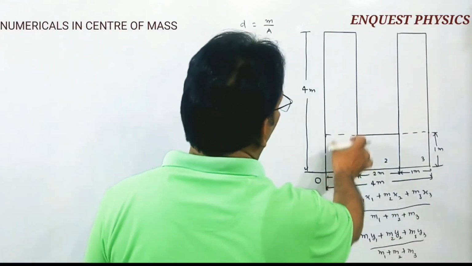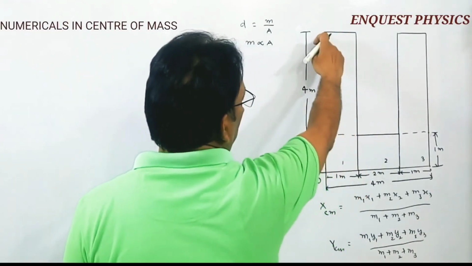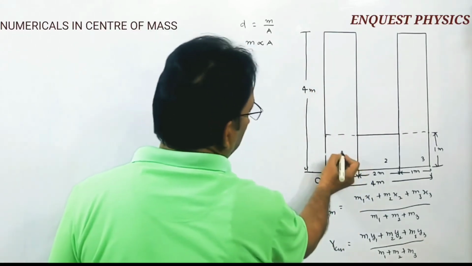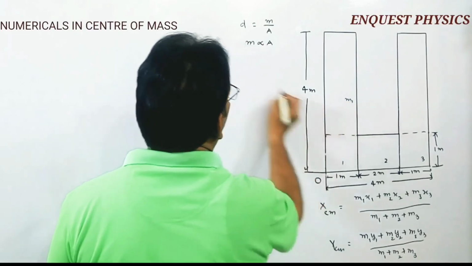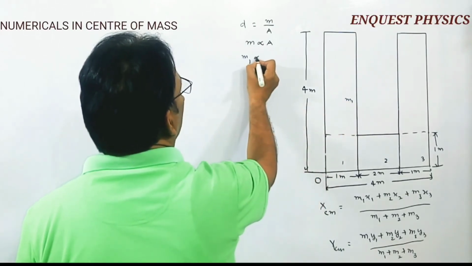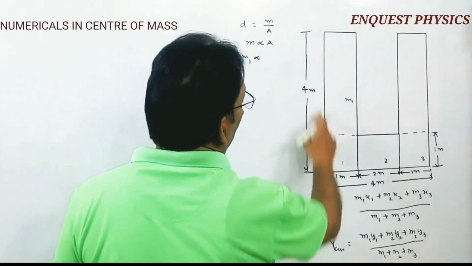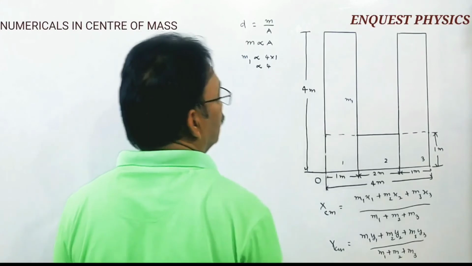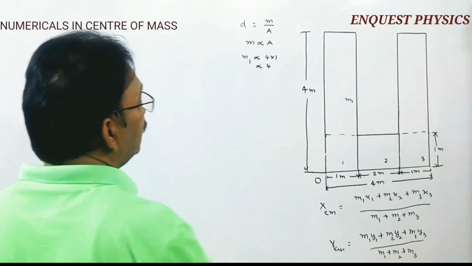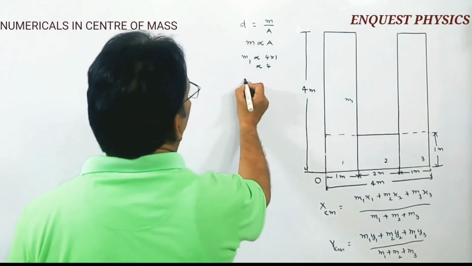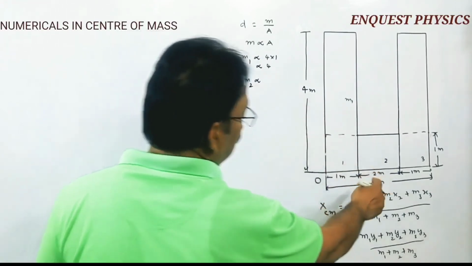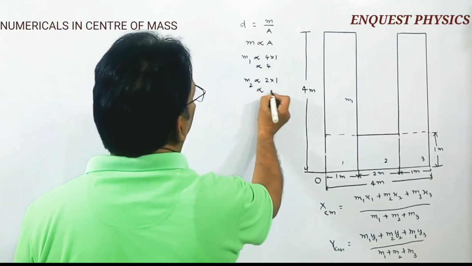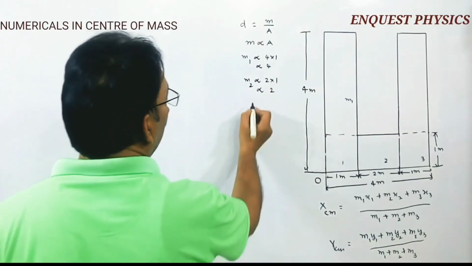Let's take this one. We have to find out the mass of this structure. The length is equal to 1 and breadth is 4. Let's say it is m1. m1 is proportional to 4 into 1. Okay, 4 units. Okay students, in the same way we have to find out the m2. m2 is proportional to 2 meter into 1 meter. 2 into 1, it is 2 units.